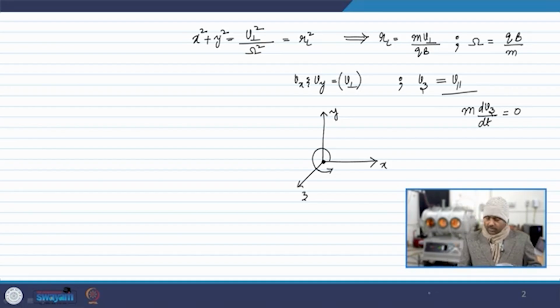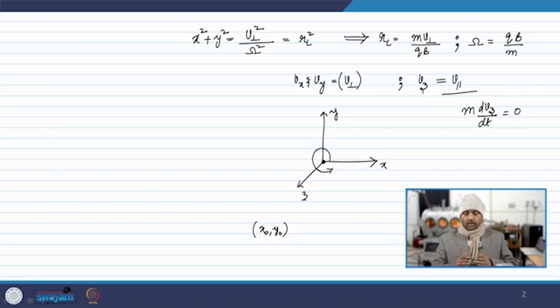So, let us say the guiding center has a position coordinate x naught, y naught. Here in this case it is the origin, just for the sake of convenience or to represent how the electrons and ions will rotate circularly in the opposite directions, we have taken the origin to be the reference, but we can take any point x0, y0 to be the guiding center.